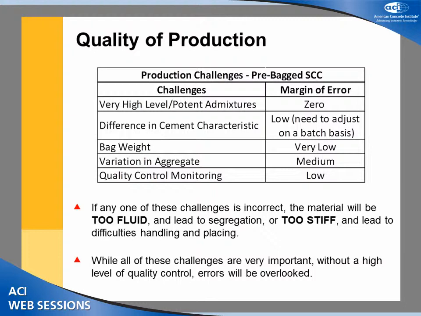So really, if you do not control all these factors very tightly in a production environment that is producing prepackaged SCC in a bag, the success rate of the SCC in a bag is going to be very minimal. I can tell you, based on experience, that the level of quality control that has to be put in for producing SCC in a bag is extremely high, and it has to be maintained at a very high level on a constant basis.